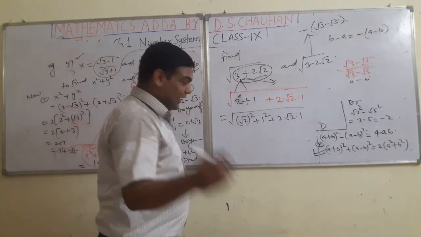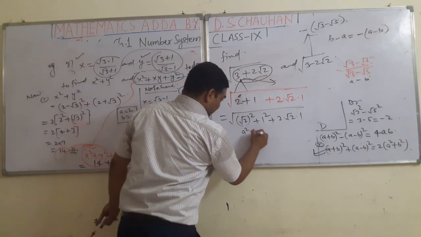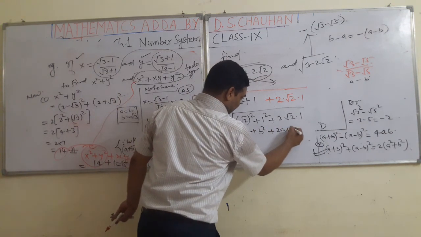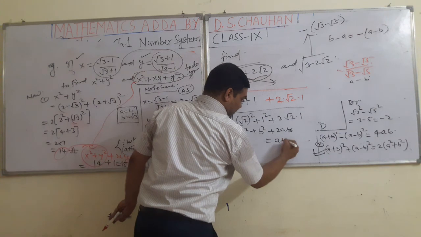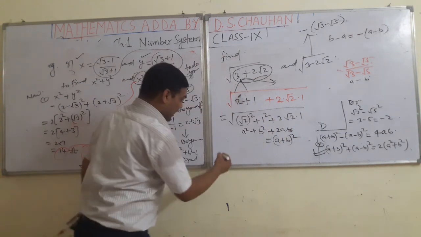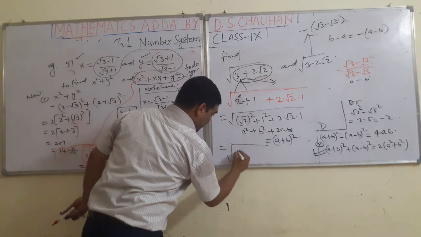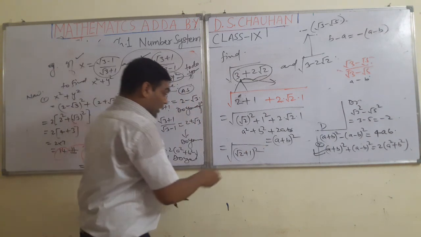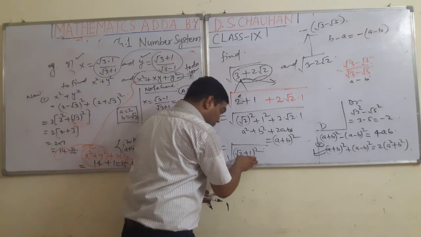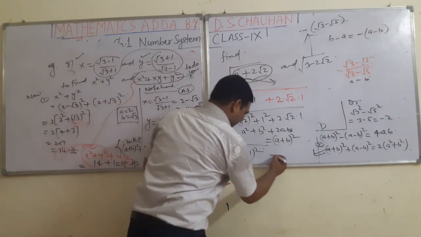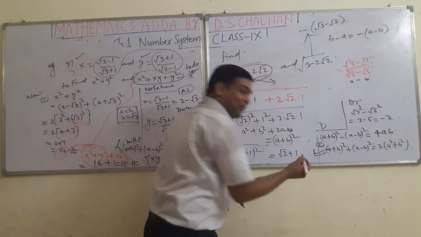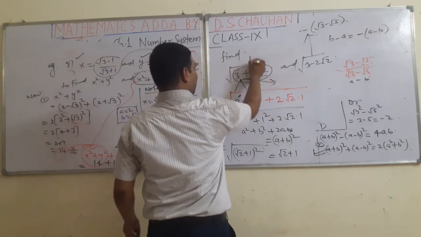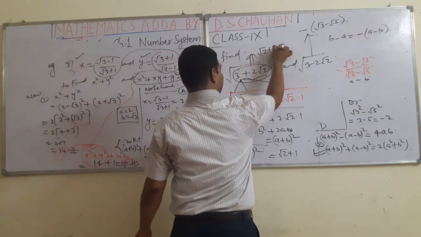If you look clearly, it is of the type a square plus b square plus 2ab, which gives (a plus b) whole square. So what do we have now? (Root 2 plus 1) whole square. So what will be the square root of the square of this? Easily we get root 2 plus 1. Hence the value of this is root 2 plus 1.